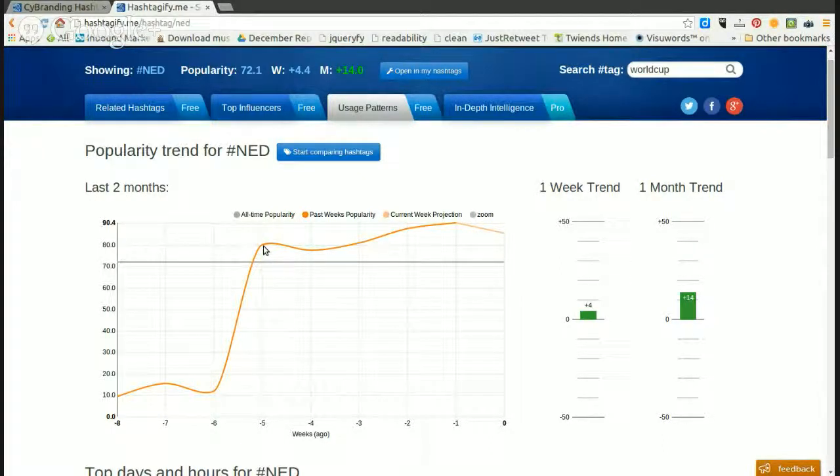We measure popularity relative to the most popular hashtag in the world, and the popularity is between 0 and 100. So the most popular hashtag in the world would have 100. 80 is a very, very high rating. So it shot from 10, which is almost nothing, to 80, all in 1 week, because of course the World Cup started.